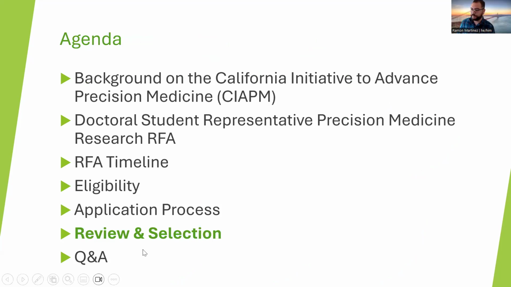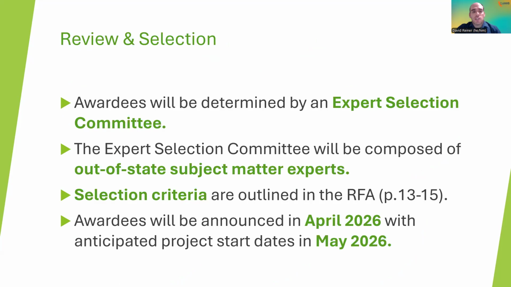Of course. So just a little bit about the review and selection. The awardees will be determined by an expert selection committee from outside of California. The selection criteria are outlined in the RFA, pages 13 to 15.